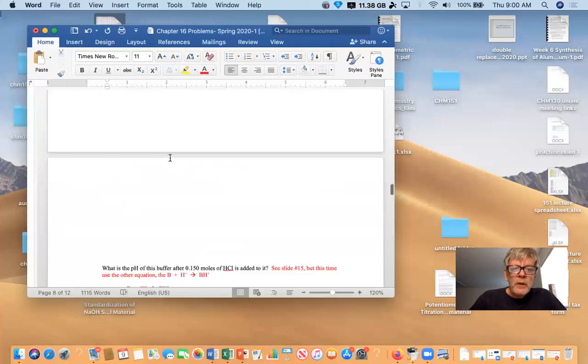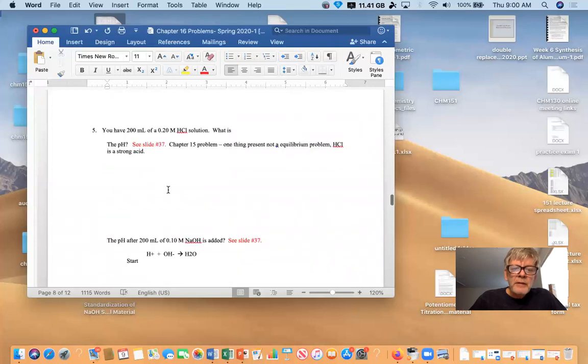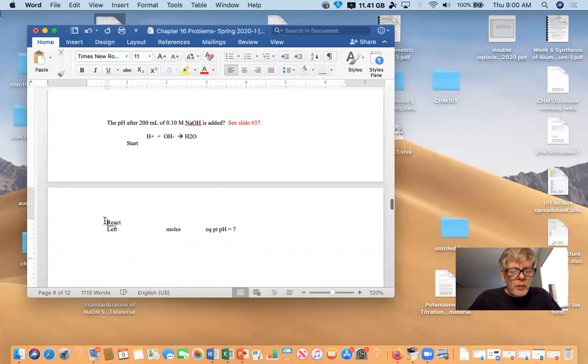So once again, we start out and it looks a little bit different. We're using a different equation. But by the time we finish and look at what we're left with, the same things. And in fact, this one is easier, because if all we're left with is water, we can say immediately the pH is 7.